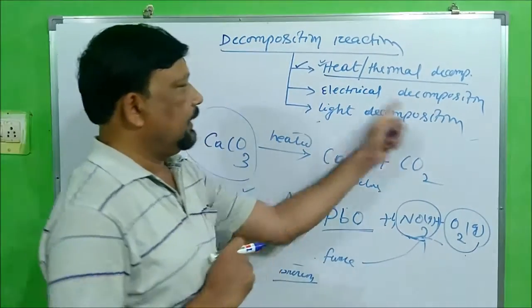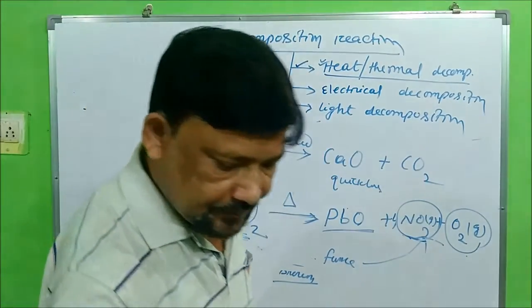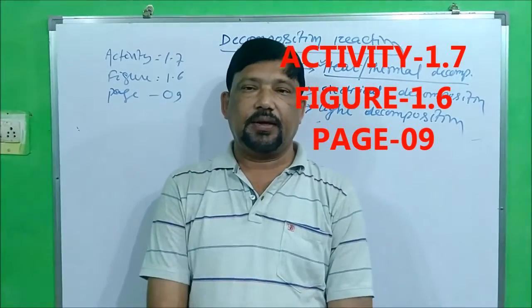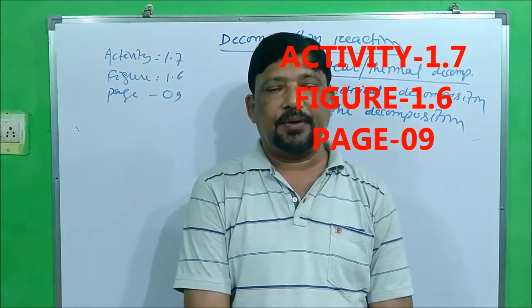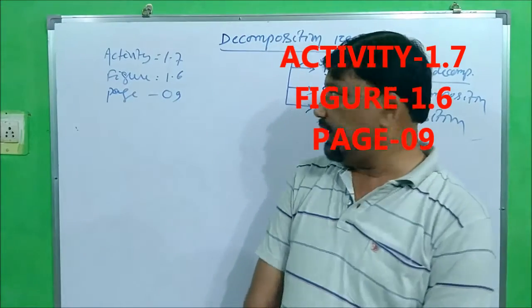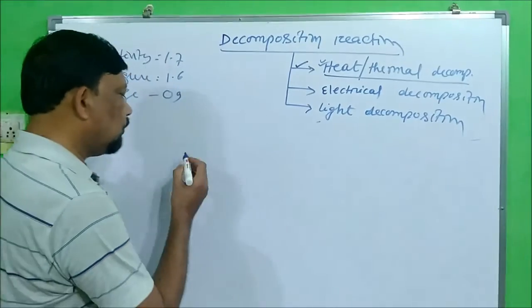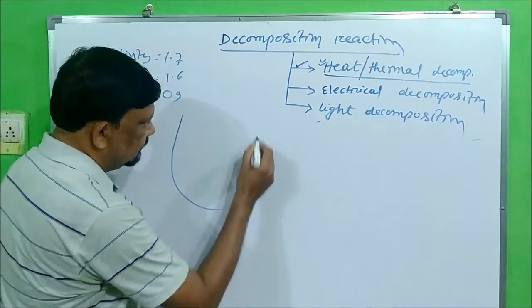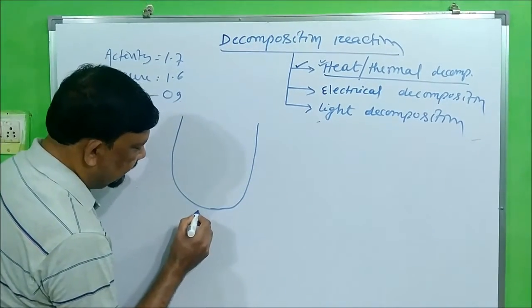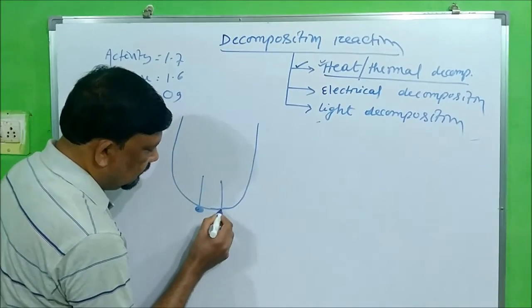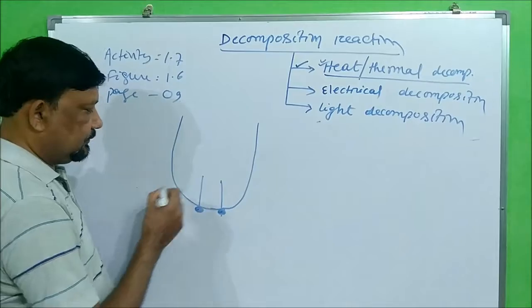Next one is electrical decomposition. The activity number 1.7, figure 1.6 and page number 9. Here one plastic mug is taken, where 2 holes are made, and 2 electrodes are inserted into it with a rubber plug.